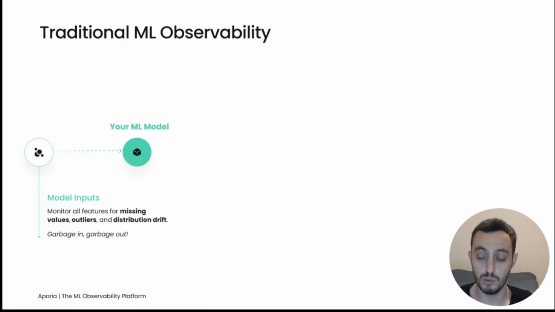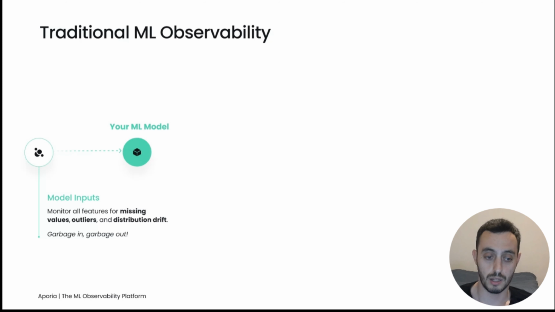Just to understand the base flow of what ML observability means and how to actually monitor models in production. The very first thing your model starts from is the model inputs.